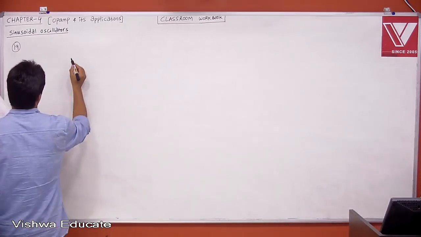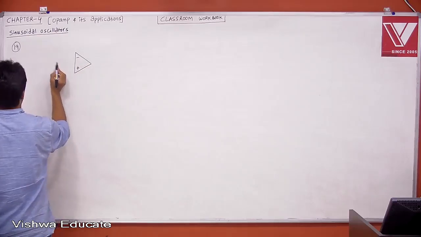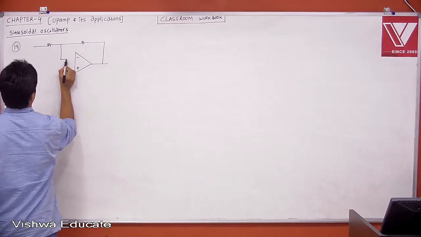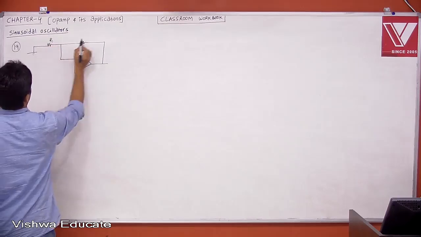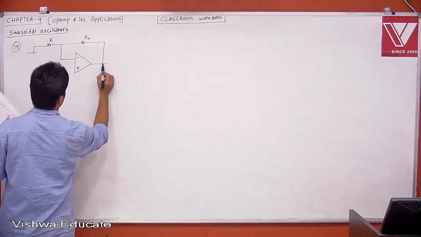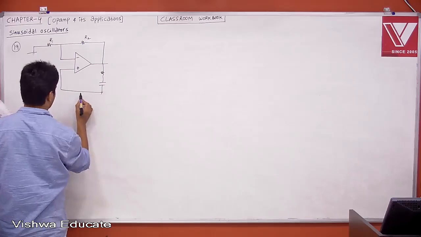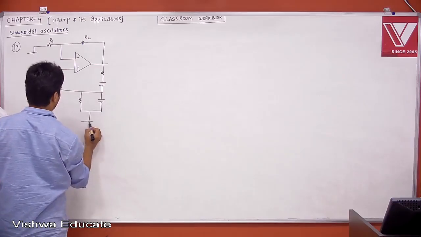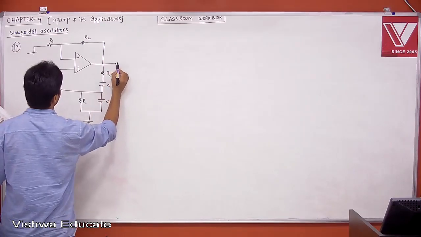Therefore, the circuit is: this is ground, R1, R2, okay, and this is RC, this is RC, and this is ground, this is RC, RC, right? This is your output, let us say.